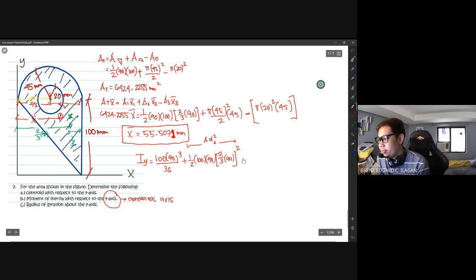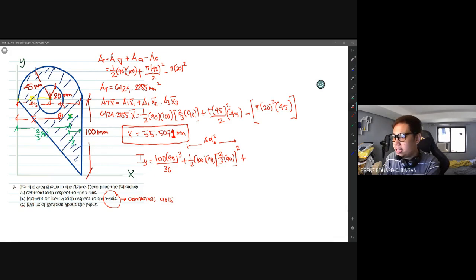Okay, so next is for the semicircle. Guys, kung titingnan nyo doon sa inyong table, meron namang table na available sa internet. Meron din naman sa workbook, pero sa workbook yata medyo malabo. So ang gagamitin na equation doon is pi r to the fourth over 8, kasi with respect dito sa axis na to.